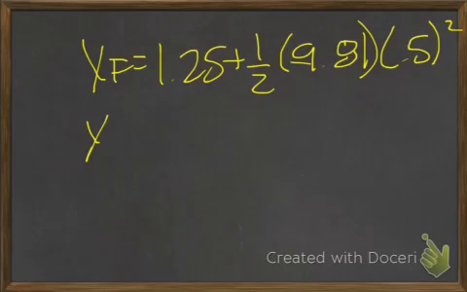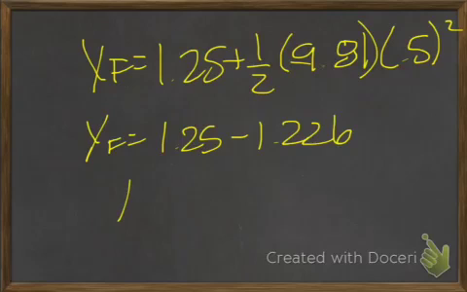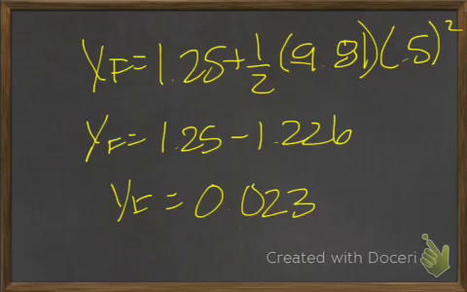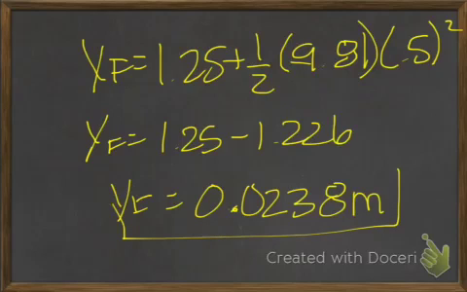Again, that's a negative. You get 1.25 minus 1.226. Make sure you don't round until the very end so that you don't lose any of your digits. You should get 0.0238, rounding off that last piece to 3 significant figures. And that's how you do it.